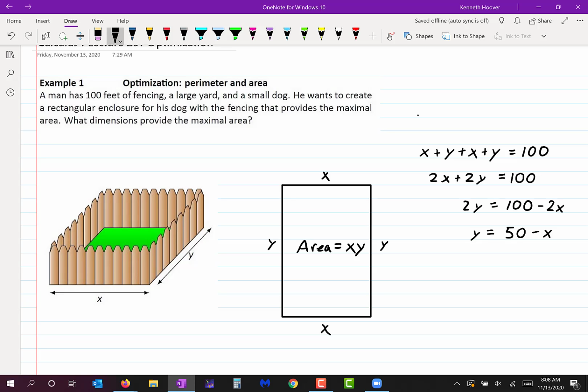So now, when I do area, and I write area equals x times y, I can replace the y with 50 minus x. So I get area equals 50x minus x squared. That's only a function of one variable now. The only variable is x.